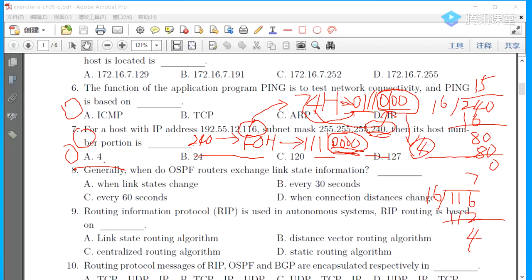So the answer of question 7 is A. Do you understand?